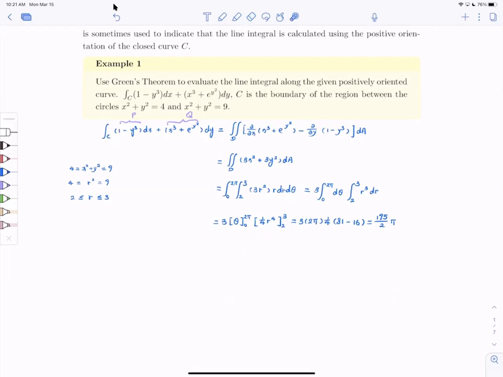We know that x squared plus y squared is between, it equals 4 and equals 9. So r squared equals 4 or 9. So that means my r is between 2 and 3. So r dr is from 2 to 3. So you take 3 out and then evaluate the integral. That's going to give you 195 over 2 pi. Any question?